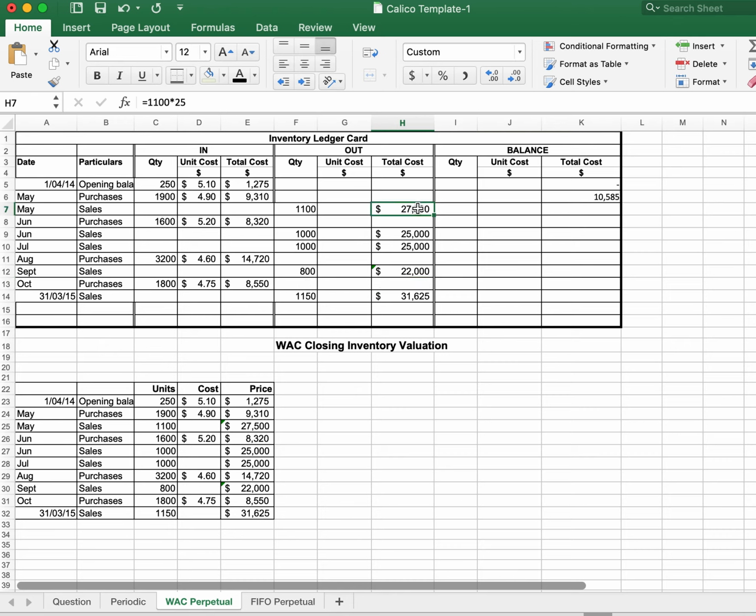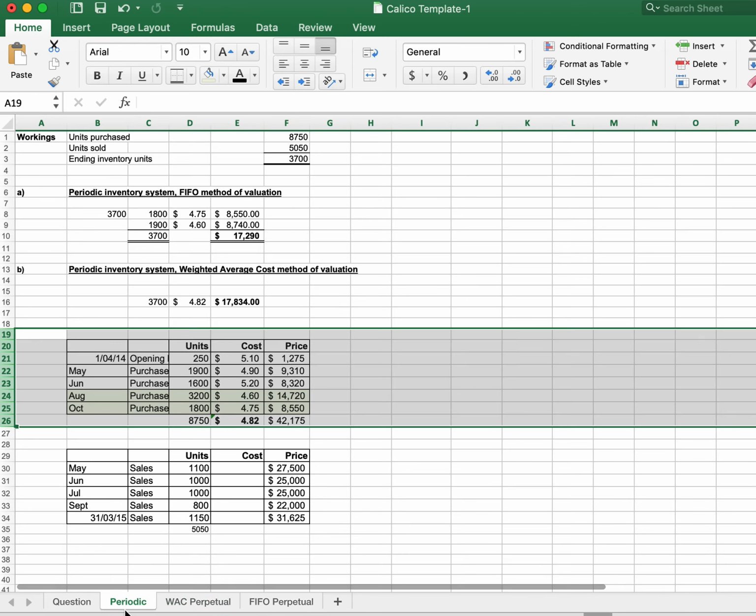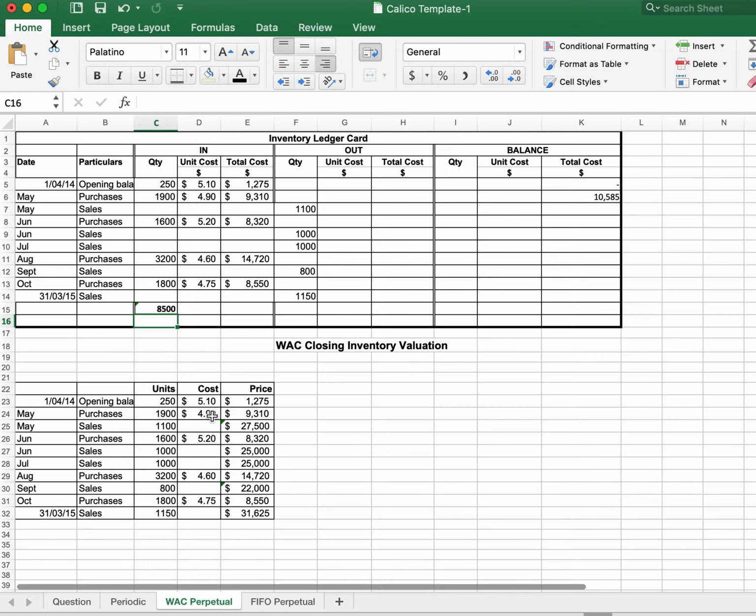These figures will not be that, because this is the cost, not the sale price. If I total that up, that should give me the total amount of purchases. Hopefully it's 8,500, which agrees with, okay, for some reason it's not.